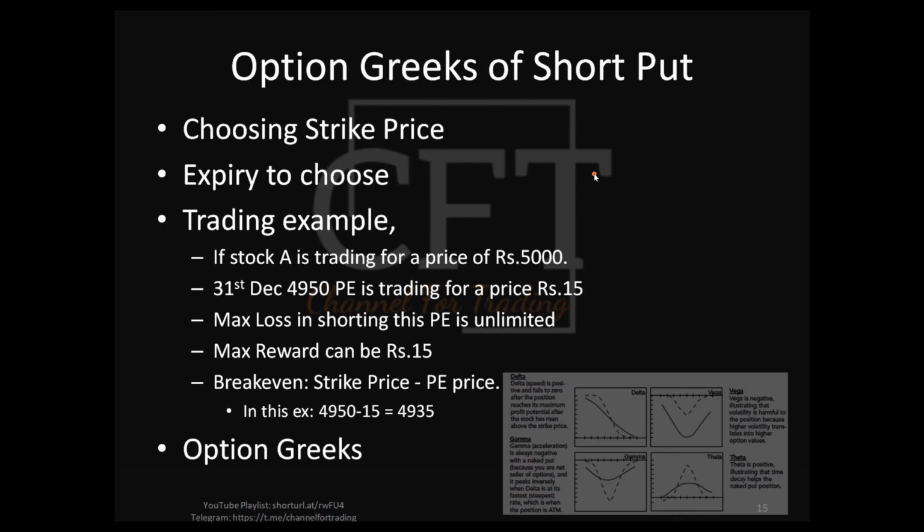These concepts are explained in episode 1, so I am not briefing on that. If you watch that and come to this episode 2, you will get better clarity. In this one, I just want to show how you can take a trade on these options, and what the option Greeks are and how they will affect it. So it is just a refresher to episode 1 with some more insights and a few examples also.